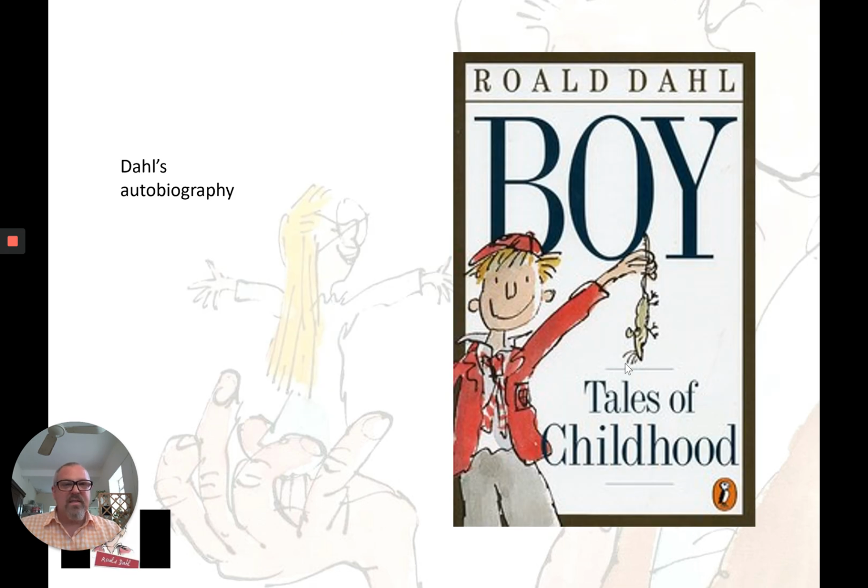All right, this is one of Roald Dahl's autobiographies. This is obviously about his childhood, Boy, Tales of Childhood. You can read this book. There is a PDF that you can access through the website www.tavisdupree.com.